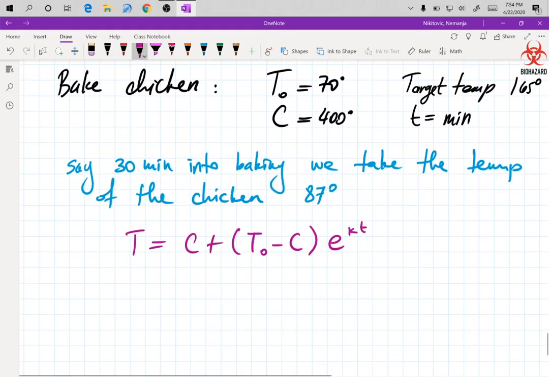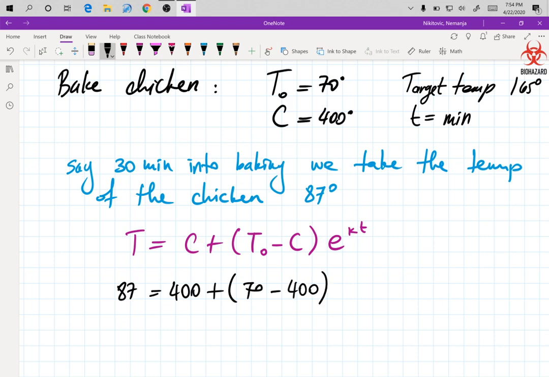And we plug all of our values in. Remember, we measured the chicken was at 87 degrees. The room temperature for the chicken is 400 degrees. The initial temperature for the chicken was 70 degrees, minus the room temperature, 400 degrees, e to the 30 minutes times K.